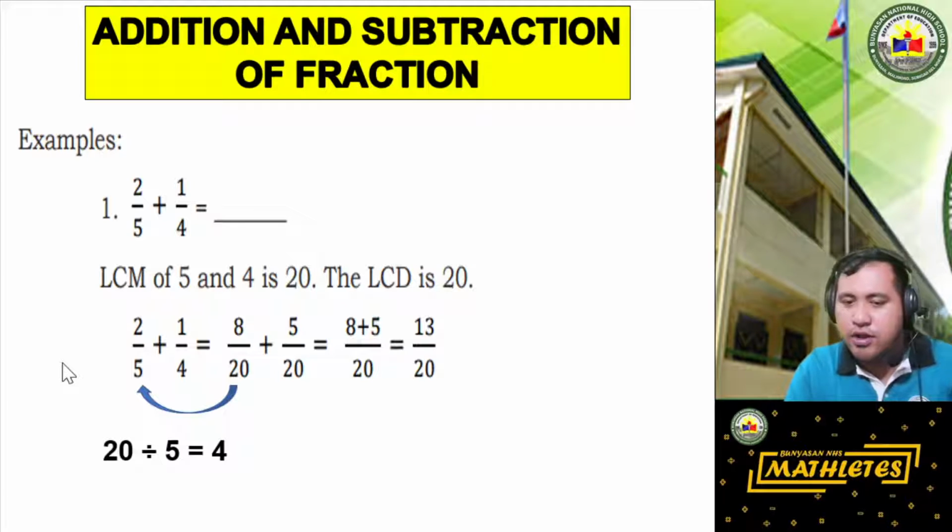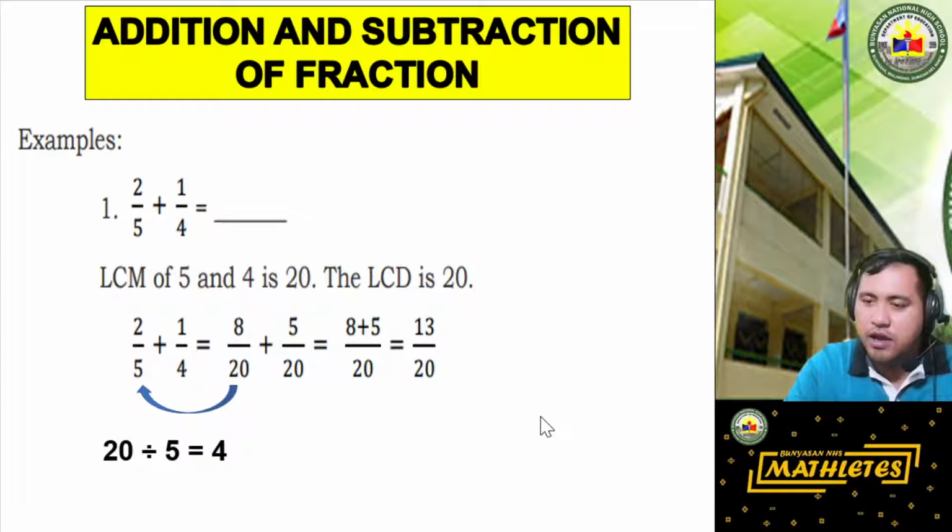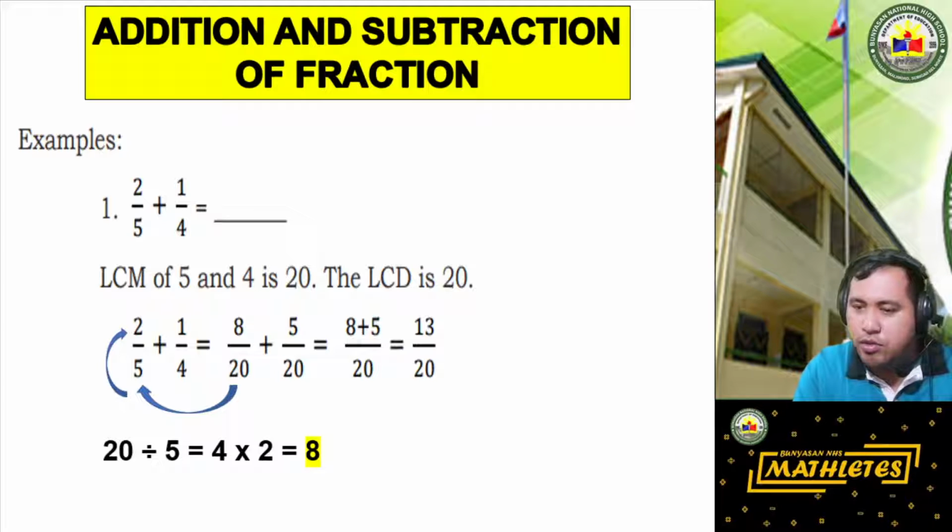Paano yan, sir? Ito yung ginawa ko. You have to divide 20 by 5 because, kasi yung LCD natin is 20, di ba? So, 20 divided by 5 is 4. Kuha? 4. Then, pagkatapos, minomultiply ko sa 2, the numerator, multiplied by 2.